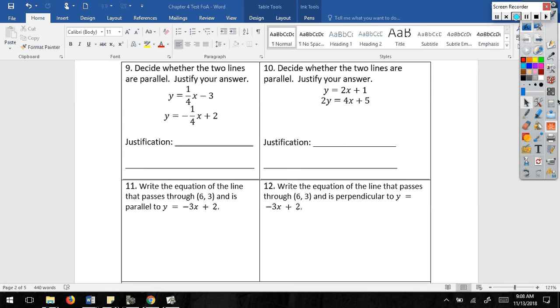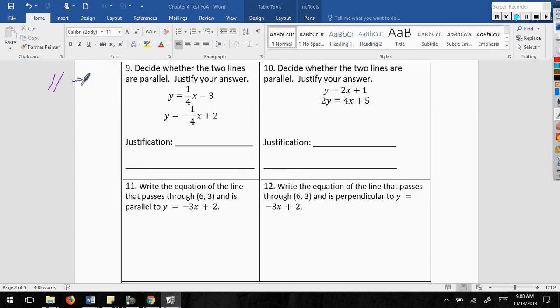Okay, numbers 9 and 10 ask you if the lines are parallel and to justify your answer. So for the first, remember, if lines are parallel, that means that they have the same slope. So what I really want to know is what are the slopes in these lines. Well, the slope here is 1/4, right?